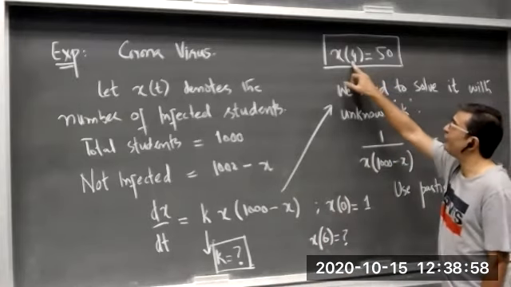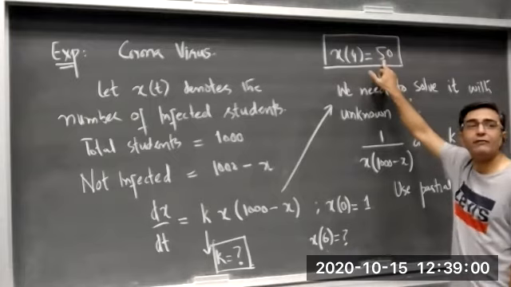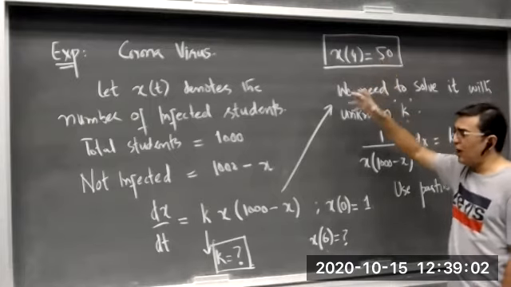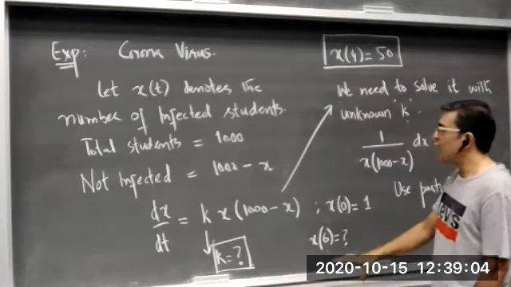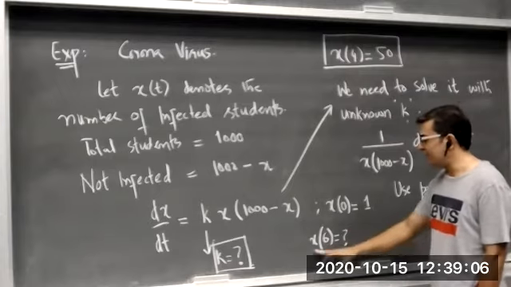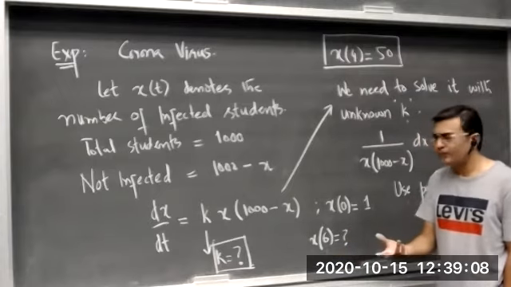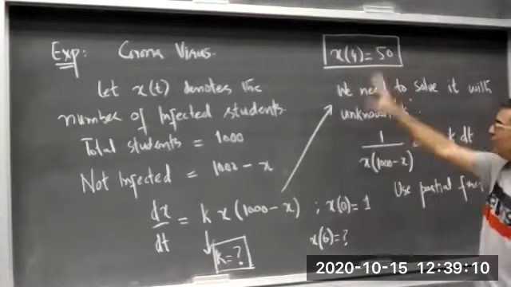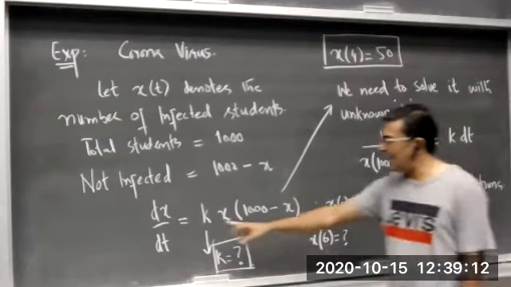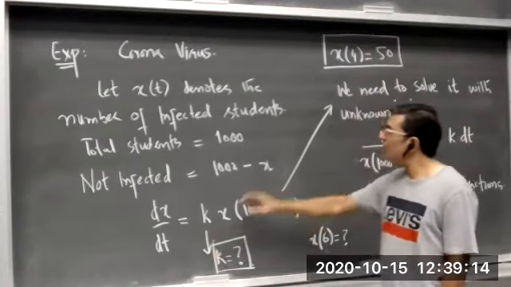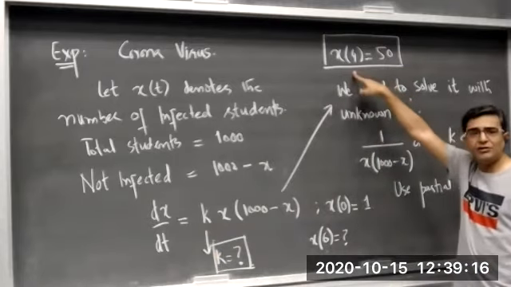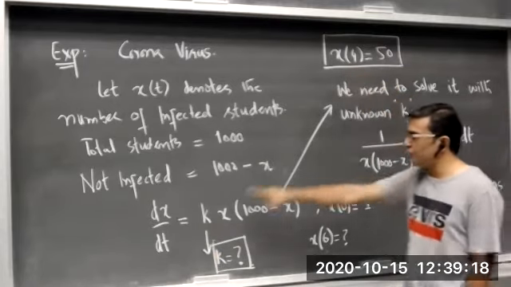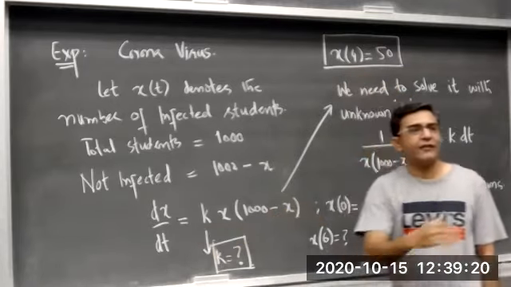We know that after 4 days, there are 50 students who have been infected. Now we are trying to find how many students will be infected after 6 days or 10 days. So we have all this information where K is unknown. We can use this information to compute the value of K, which is the rate of infection.